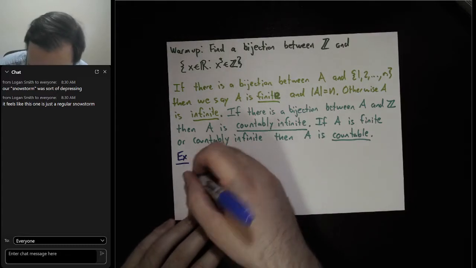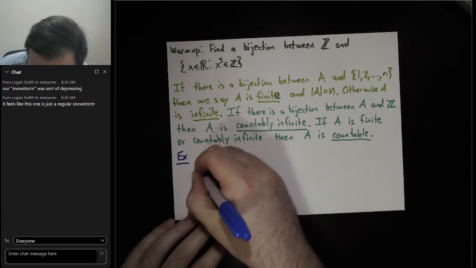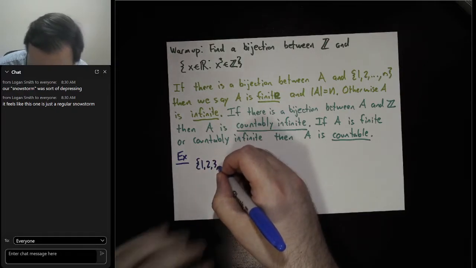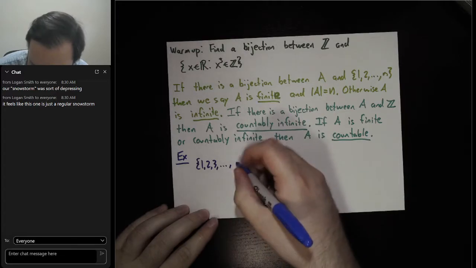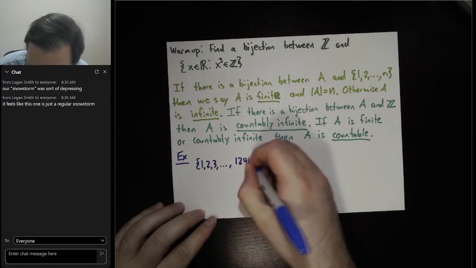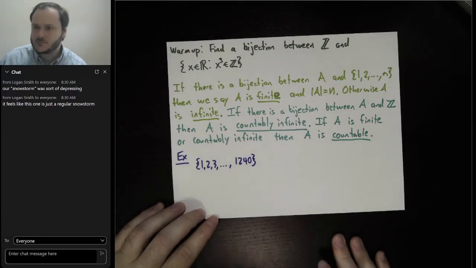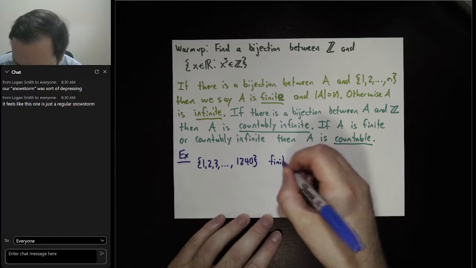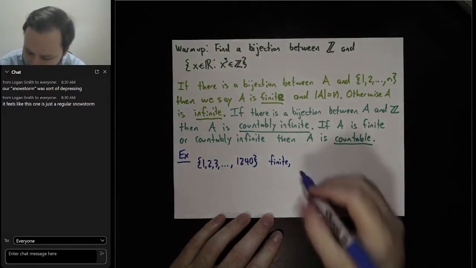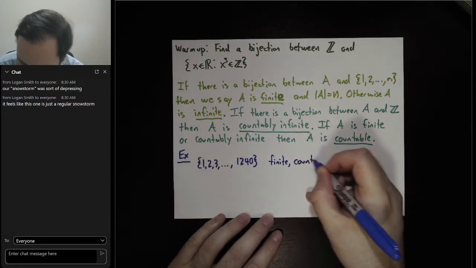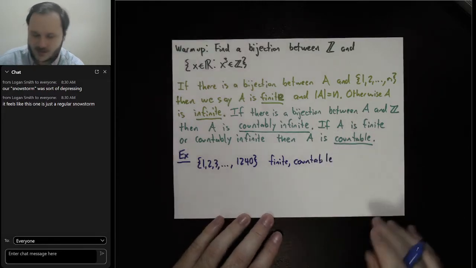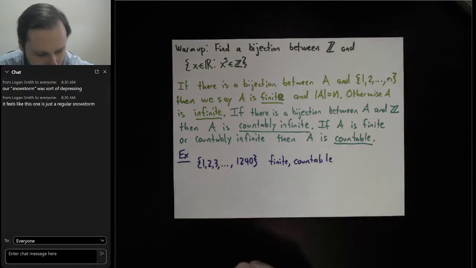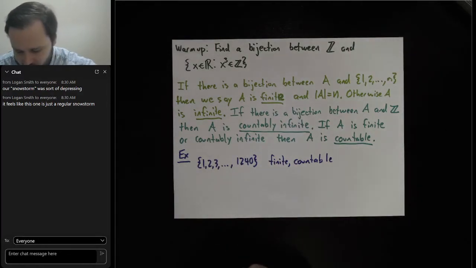So the set 1, 2, 3, up to 1,240. This is finite. Also countable. But it's not countably infinite. It's not infinite at all.